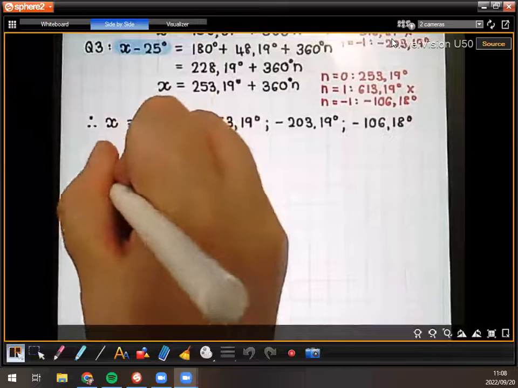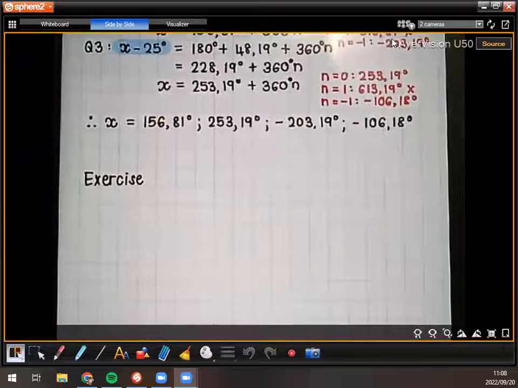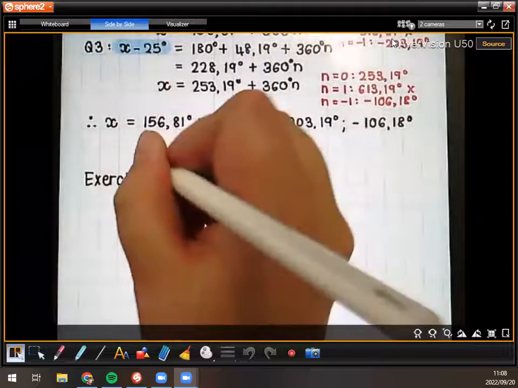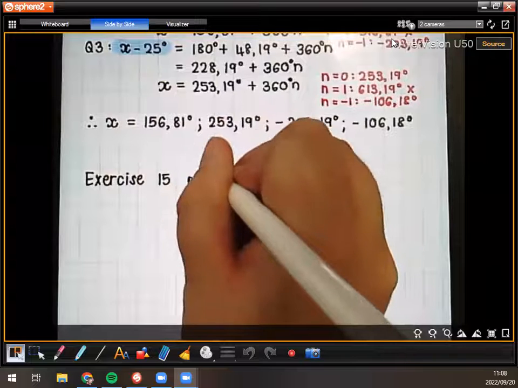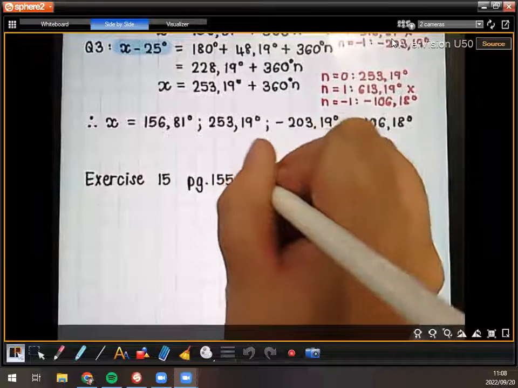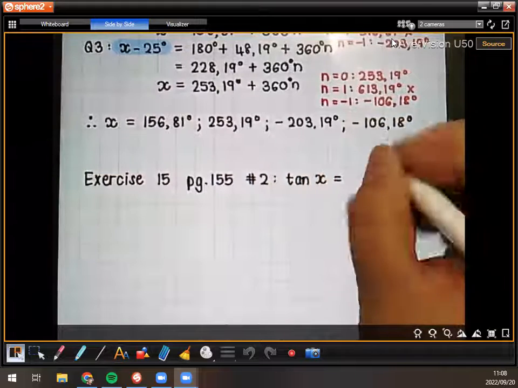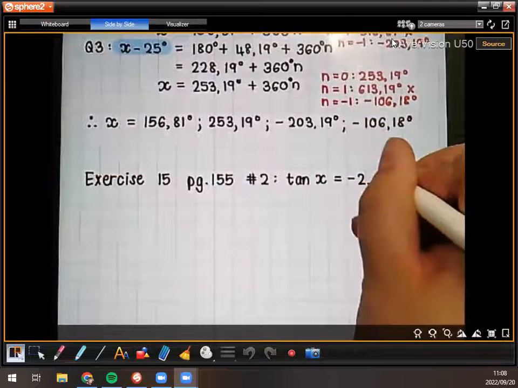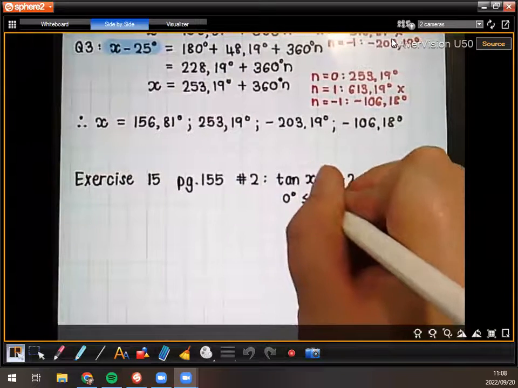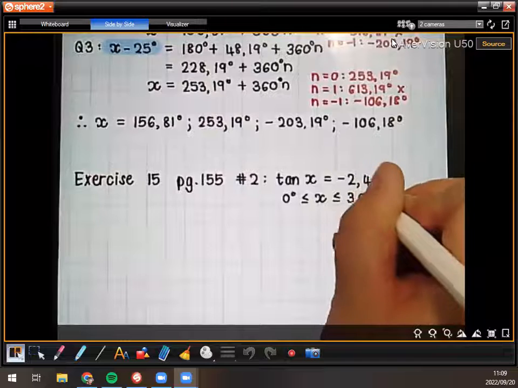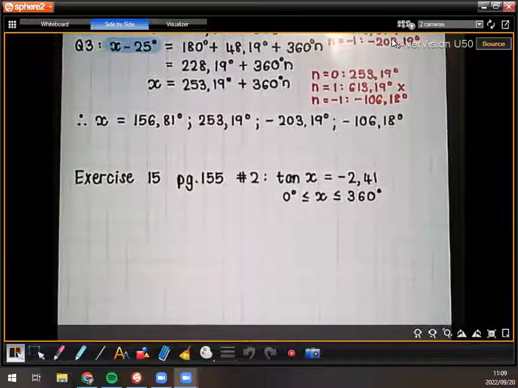All right, I'm just going to give you one tan question that doesn't have a complicated angle because we haven't practiced those yet. So if we are looking at exercise 15 on page 155, number 2, and the question is tan x is equal to negative 2 from 4, 1. But they are saying that x is between 0 and 360. Alright, so you're going to have to write specific solutions for that one, for number 2 there.